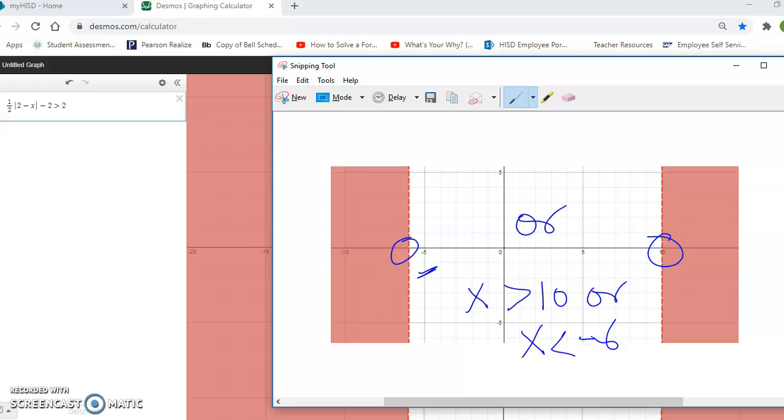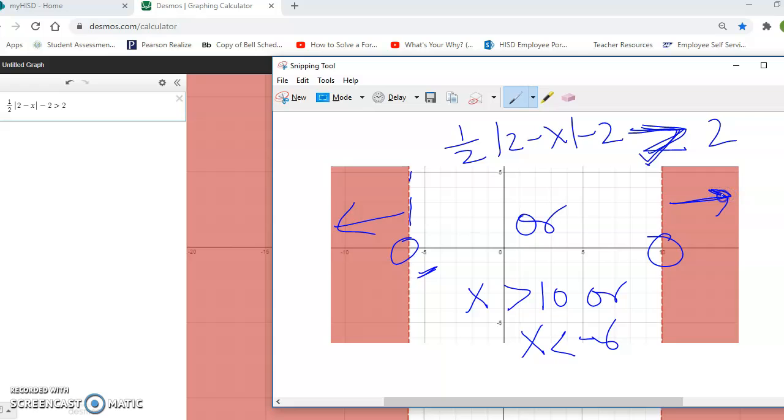And I could see that this is an or inequality, because in my question it is greater than. When you see a dotted line, you don't put equal to, so it is greater than 2, so I'm already expecting the answer to be greater than something or less than something.